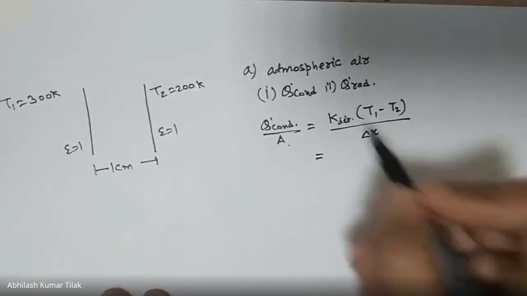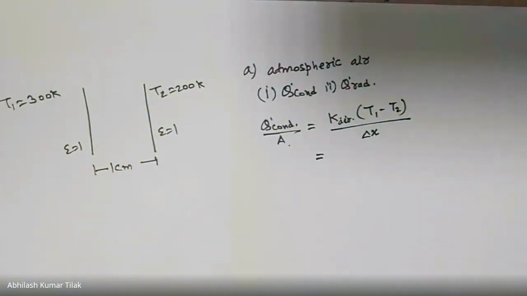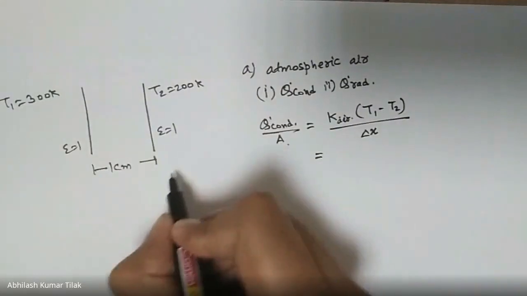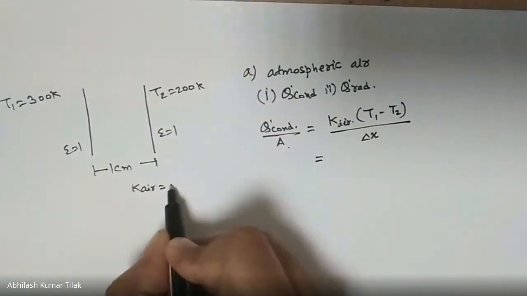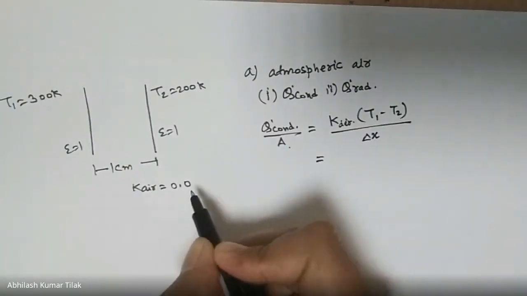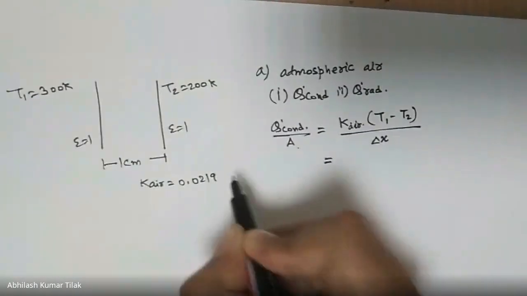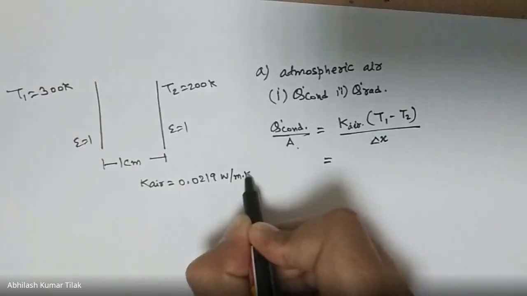Here the thermal conductivity of air you can consider to be 0.0219 watt per meter Kelvin.